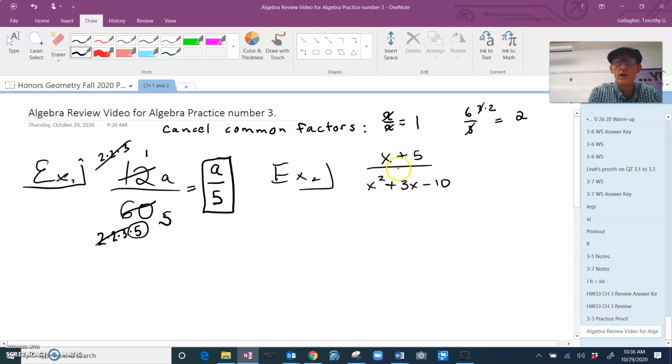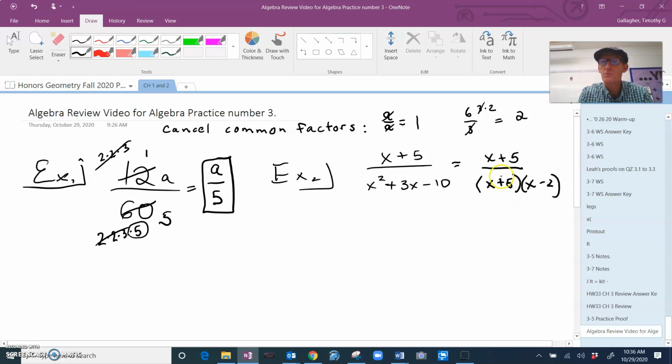Algebra requires us to do a little bit more work because we have to factor these polynomials, factor this trinomial. So the numerator is the binomial x plus 5, and the denominator is the trinomial x squared plus 3x minus 10, but it factors into x plus 5 times x minus 2.